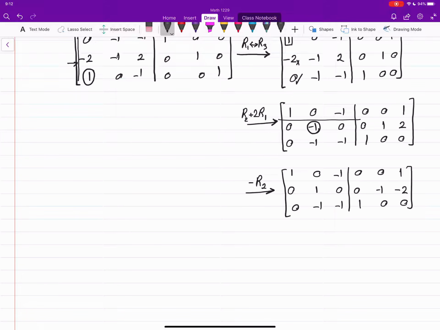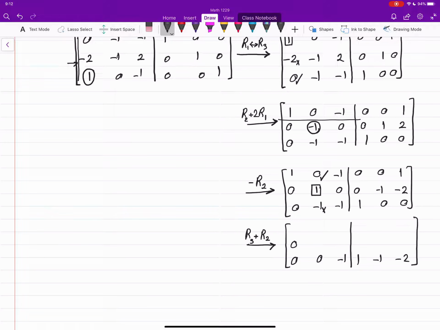Now this is our next leading one. We have to use it to make everything else in that column 0. This one is already 0. We have to make this one 0. So how do we do that? We add row 2 to row 3. So row 3 becomes 0, 0, negative 1, 1, negative 1, and negative 2.